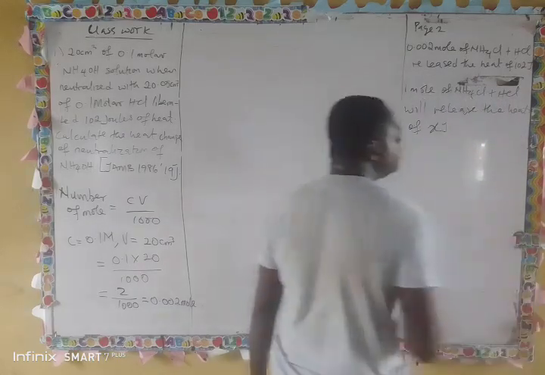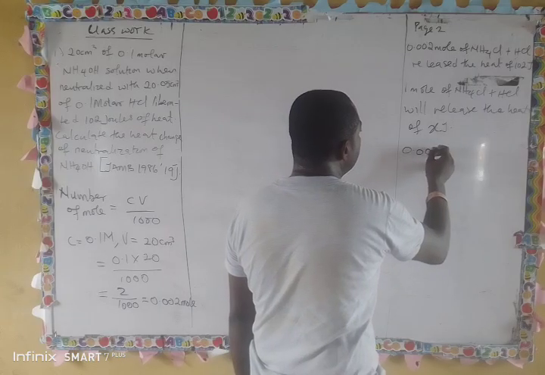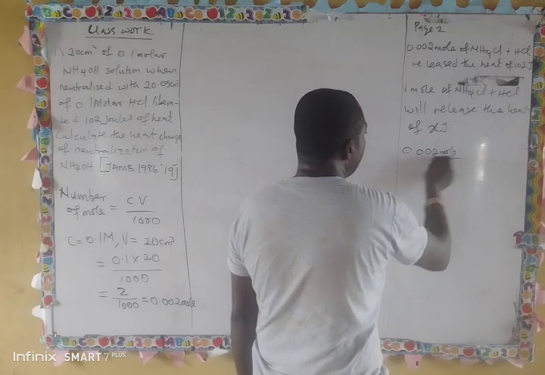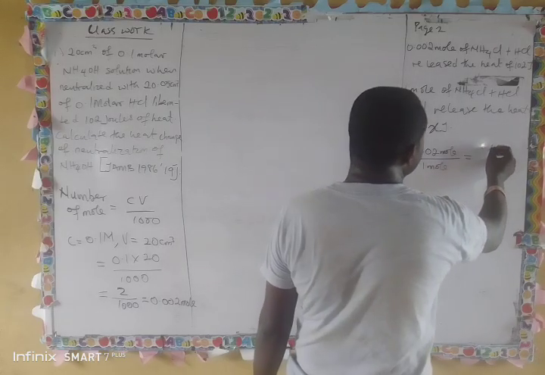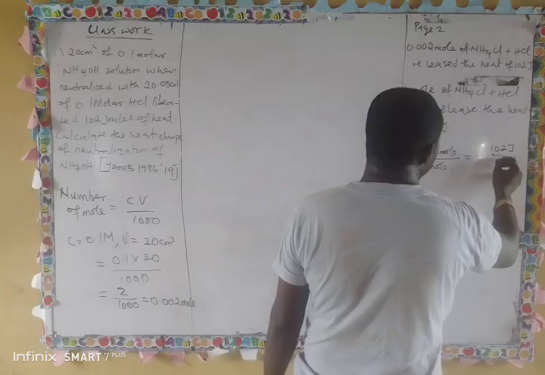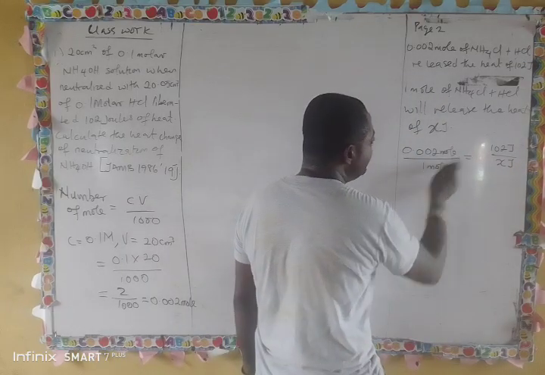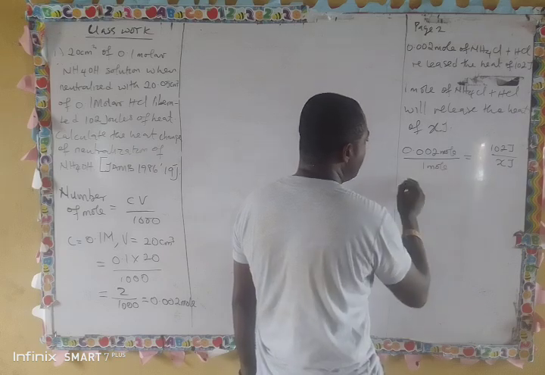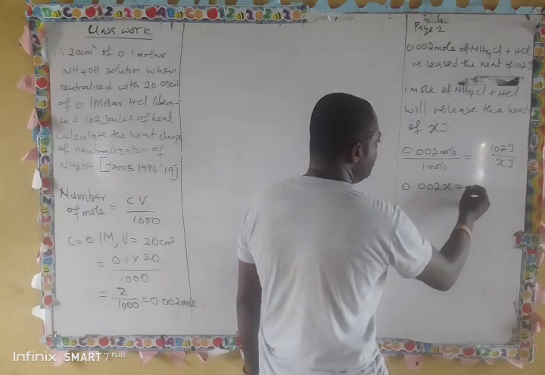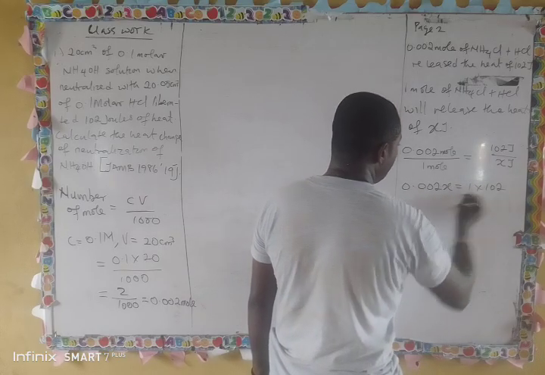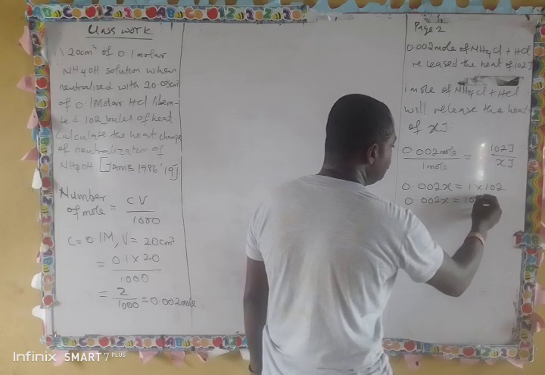So we turn this statement to an equation. We now have 0.002 mole over 1 mole is equal to 102 joules over X joules. We cross multiply: 0.002 times X equals 1 times 102. So 0.002 X equals 102.